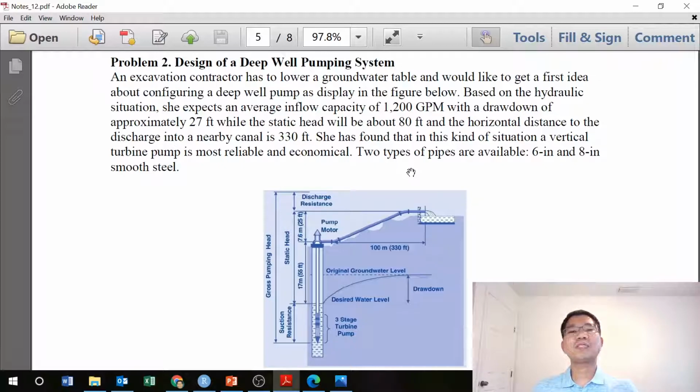Based on the hydraulic situation, she expects the average inflow capacity is 1200 gallons per minute with a drawdown of approximately 20 feet, while the static head will be about 80 feet, and the horizontal distance to the discharge into the nearby canals is 330 feet.